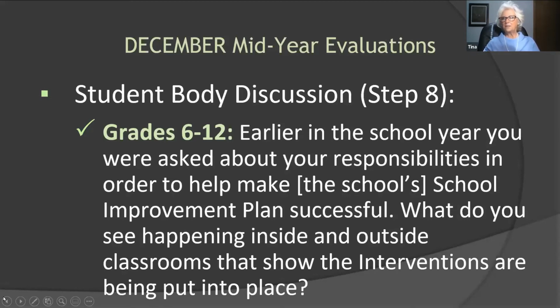And there may be some really good, credible information that comes out, especially with the upper grades, in seeing what's working or maybe what's not working right now. There again, you could get a wealth of information out of this. It's kind of a stopgap meeting in December. And so you're really wanting to check. And here again, these are your ears and eyes that are giving you information.